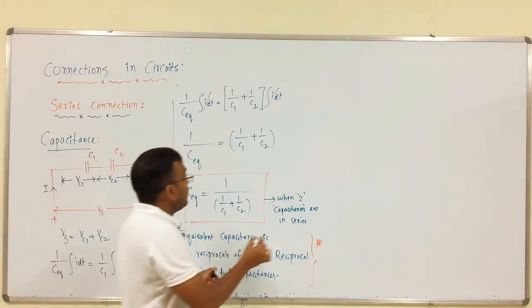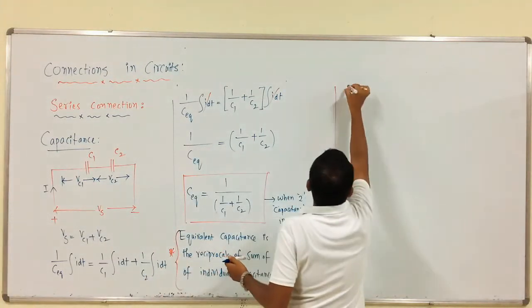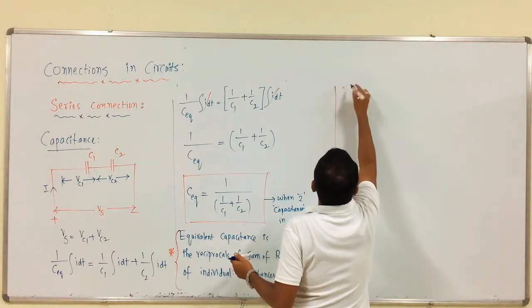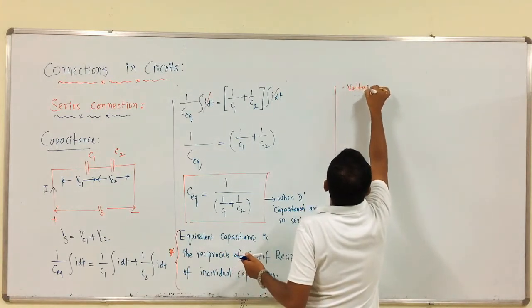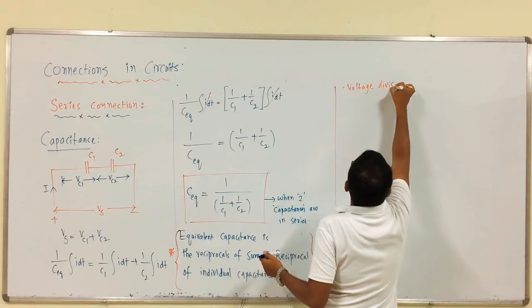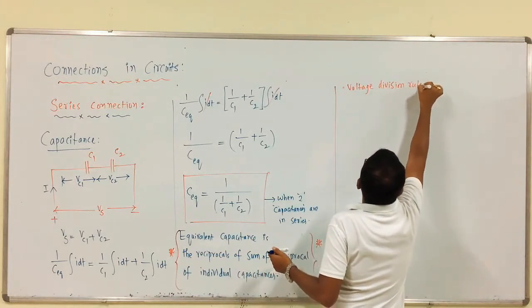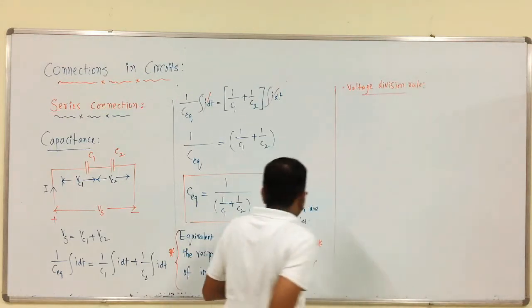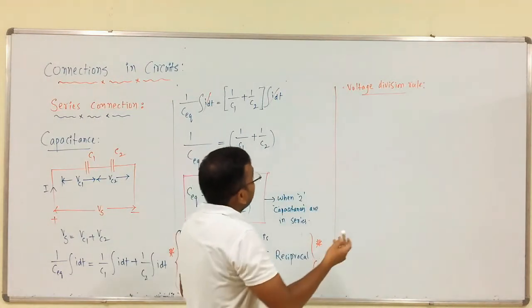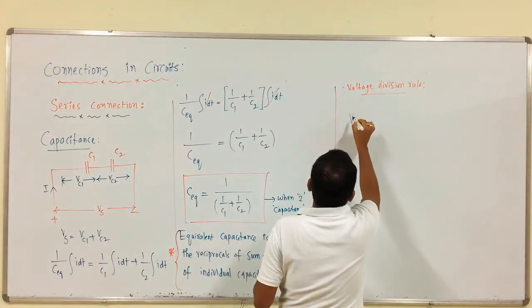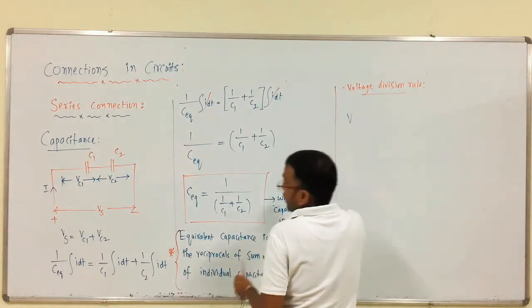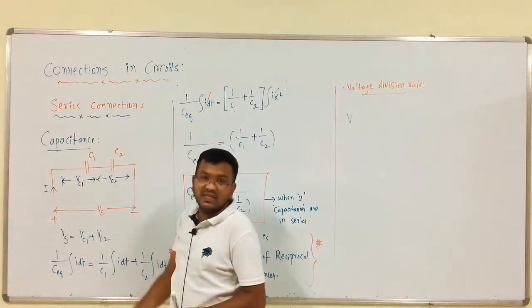Then voltage division in this case. Voltage division rule. How can we get the voltage division if we consider two capacitances? For example, if I want to calculate the voltage across this C1, that is VC1.